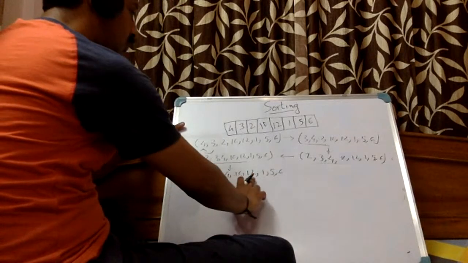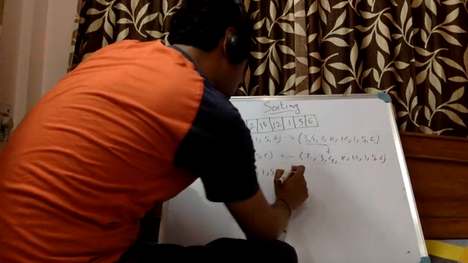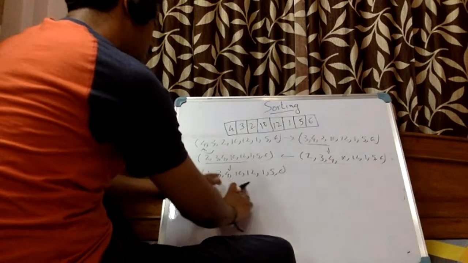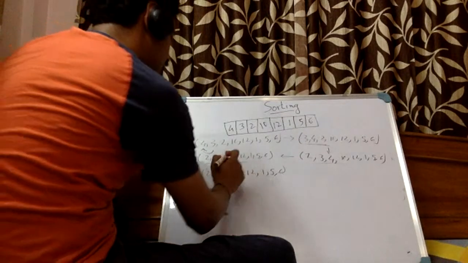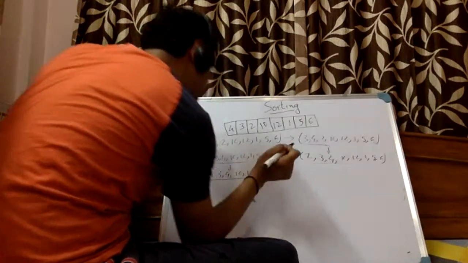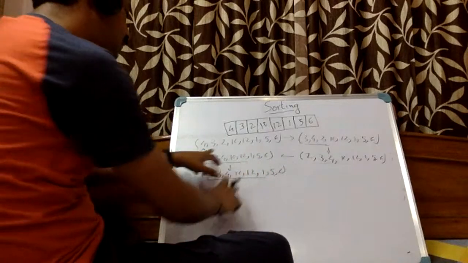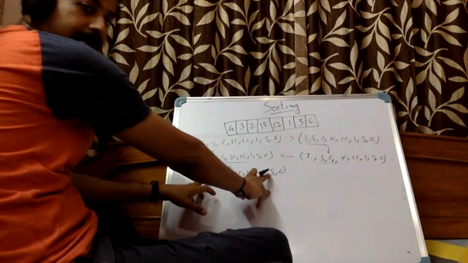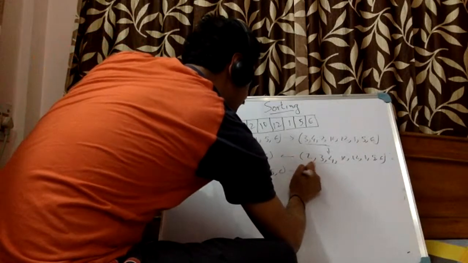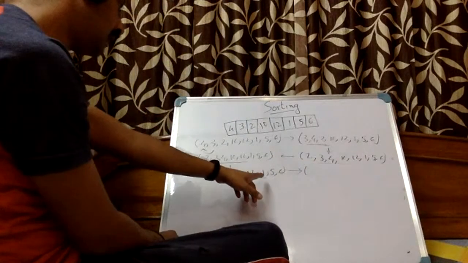Okay. So 2, 3, 4, 10, 12, 1, 5, 6. So what happens here in this step? 2, 3, 4, 10. Now what will happen? The same thing will happen up to this. Now, if you consider this array, from 2, the least becomes first.